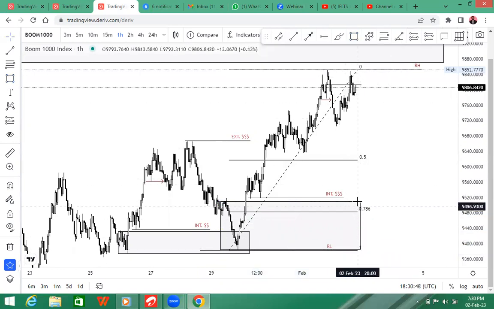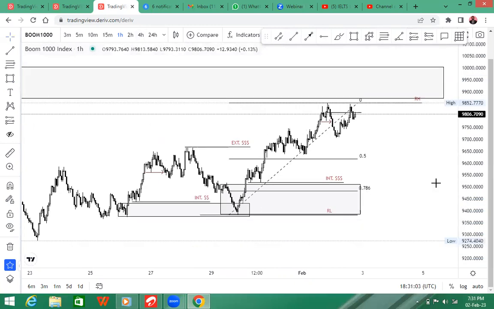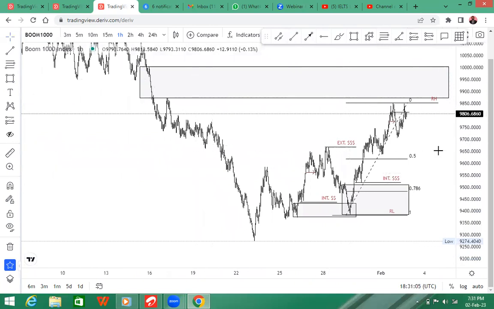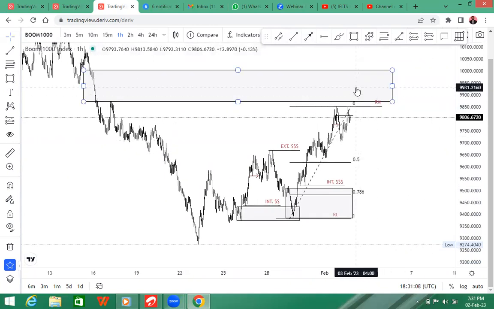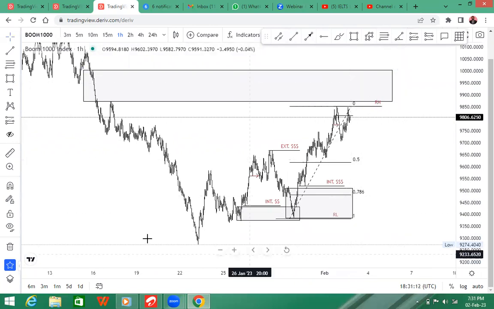If I can sell down to this place, and since I'm selling this retracement leg, I want to take profit from the clear of the internal liquidity. Then if I get an entry from here, I want to take profit from here. Bearing in mind that there's an imbalance here. So price might just enter into the imbalance, and once price comes into the imbalance, we should head down to sweep this.